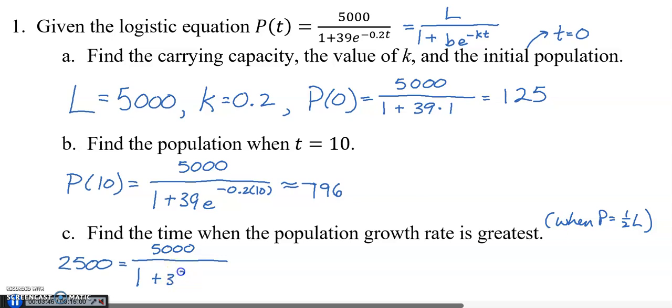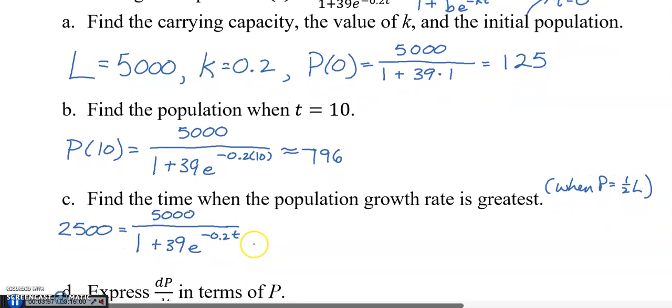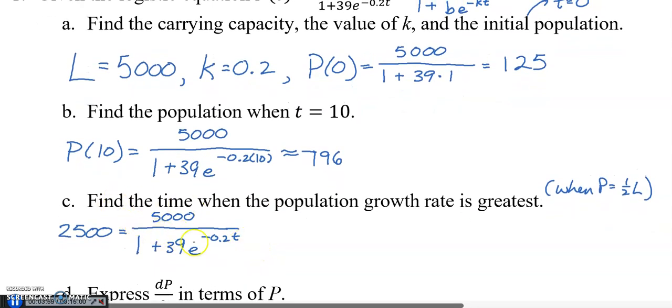So we'll set the population equal to 2,500, and we'll see if we can solve for t. So 2,500 equals 5,000 over 1 plus 39e raised to the negative 0.2t. To solve for t, one thing we can do is swap the location of the denominator and the 2,500.